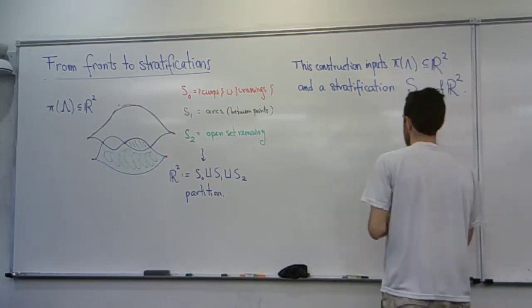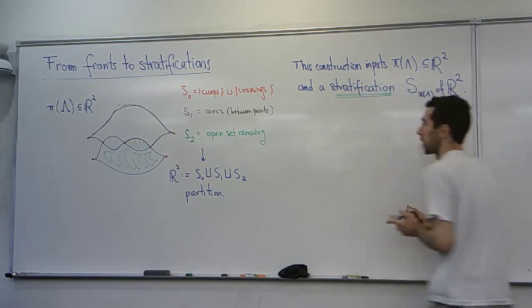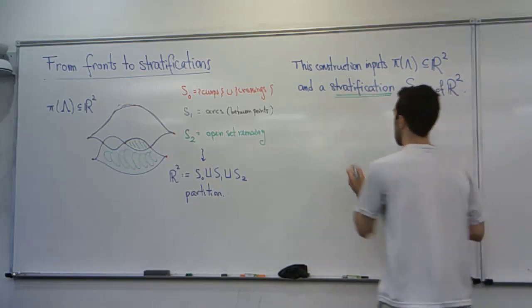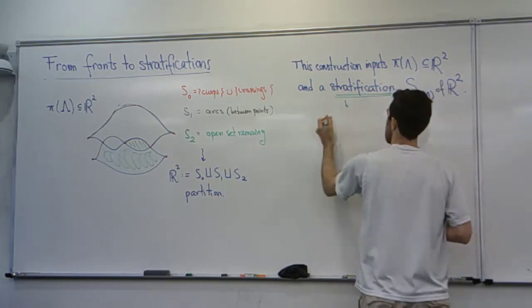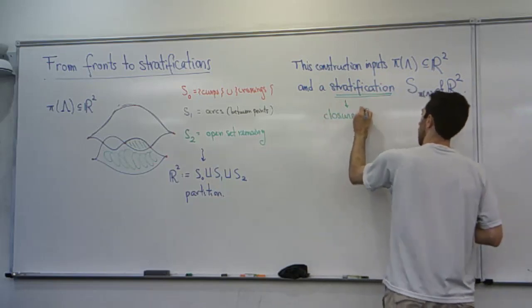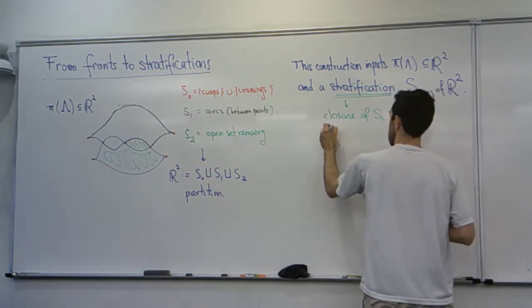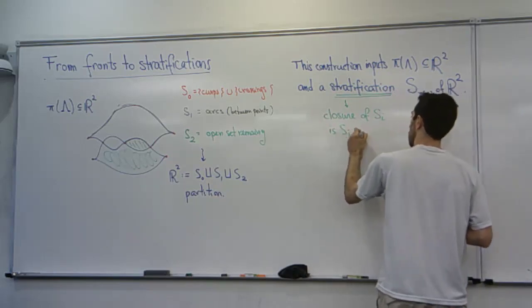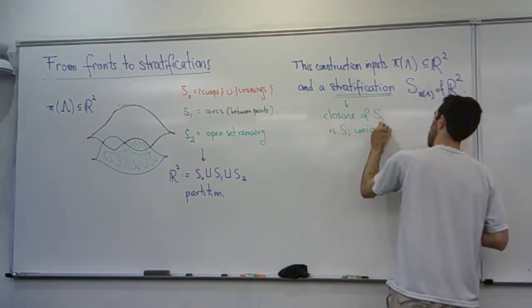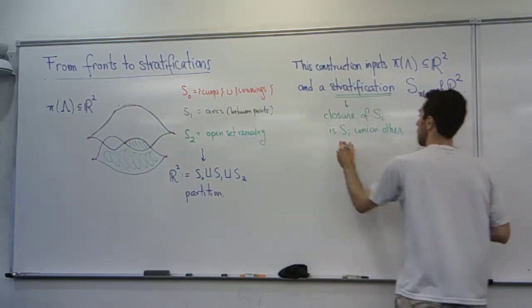A stratification is a slight enhancement of a partition in a topological direction, in the sense that what you're going to ask is that the closure of any stratum is itself made out of other strata. So closure of S_i is S_i union other strata. So the sets in here are all called strata independently.